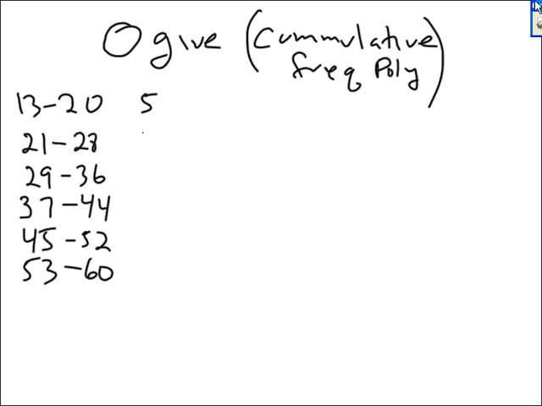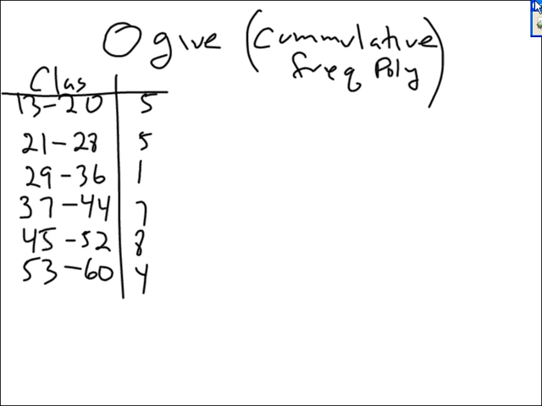Okay, 5, 5, 1, 7, 8, 4. This is the class and the frequency headings. And you want a cumulative frequency polygon. So we want the cumulative frequency. Up to 20, it was just 5.